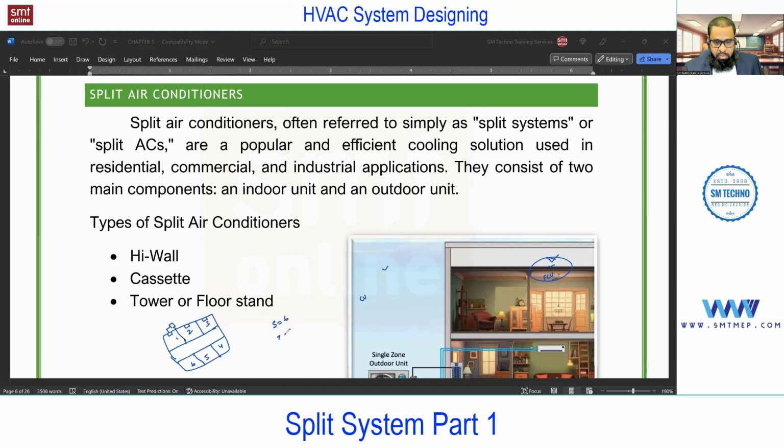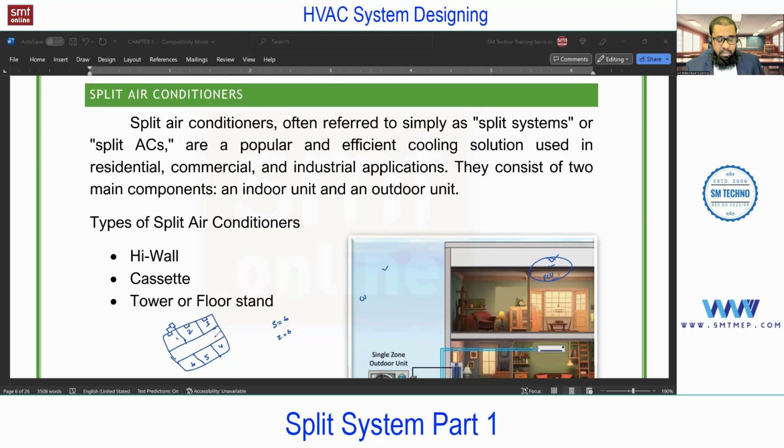So zone is also 6, because one space, one unit means one control, means one thermostat that can operate on and off individually. In case I use a central AC, a package or an AHU, and connect all of this to one unit, I'll show you how exactly.